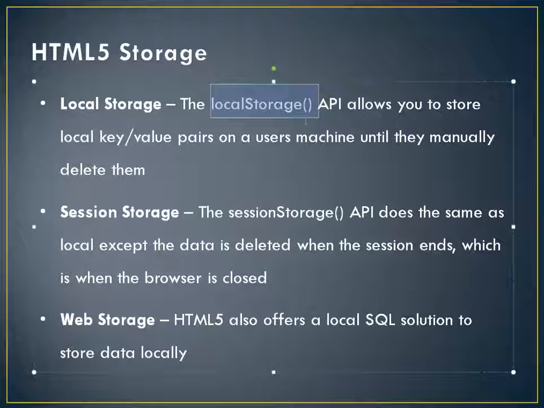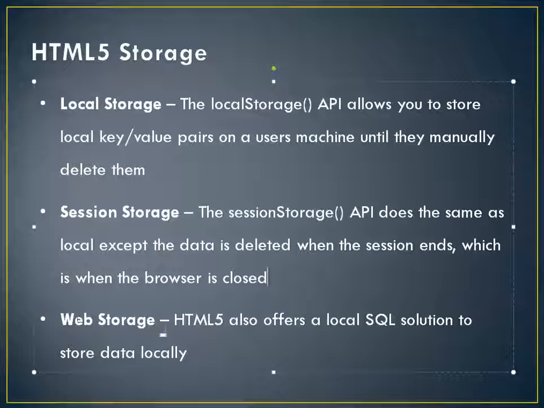It allows you to store key value pairs onto the user's machine, and that will stay there until they manually delete the data, until they clear it. And the session storage API does the same exact thing, except that the data is deleted as soon as the browser is closed or the session has ended. So that's the only difference really.